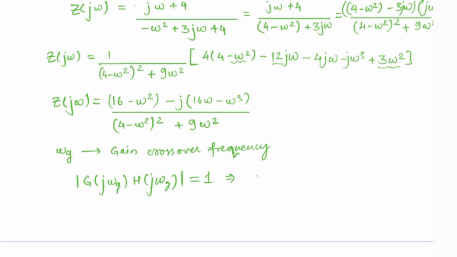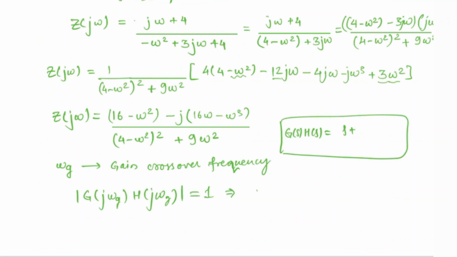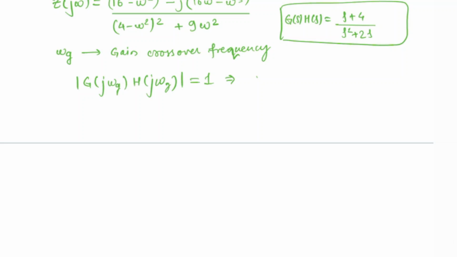This implies, yeah, this is our open loop transfer function: S plus 4 and S square plus 2. So if we put j omega g, it will be j omega g plus 4 divided by minus omega square g plus 2 into j omega g.